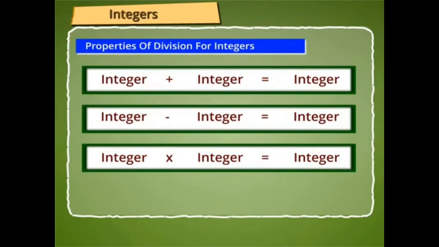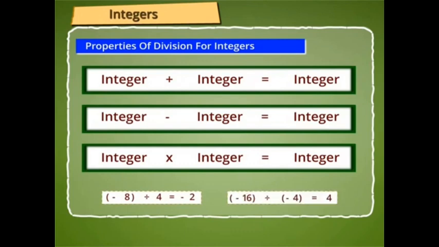Now let us see, if an integer is divided by a non-zero integer, will the quotient always be an integer? We know that −8 ÷ 4 = −2 and −16 ÷ −4 = 4. Here, the quotients −2 and 4 in both cases are integers.